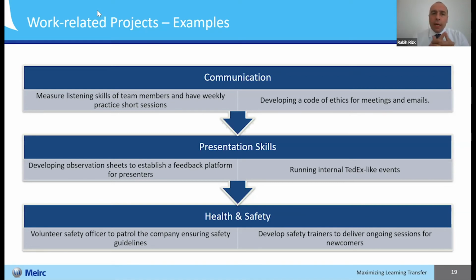So why not, after a training on communication, ask 2 or 3 people to draft some code of ethics where they say that BCCs are not allowed, never send an email at 2 a.m., for example.